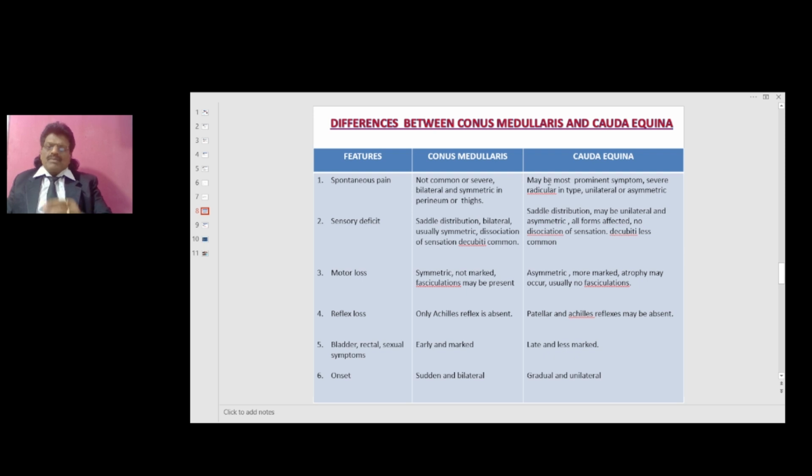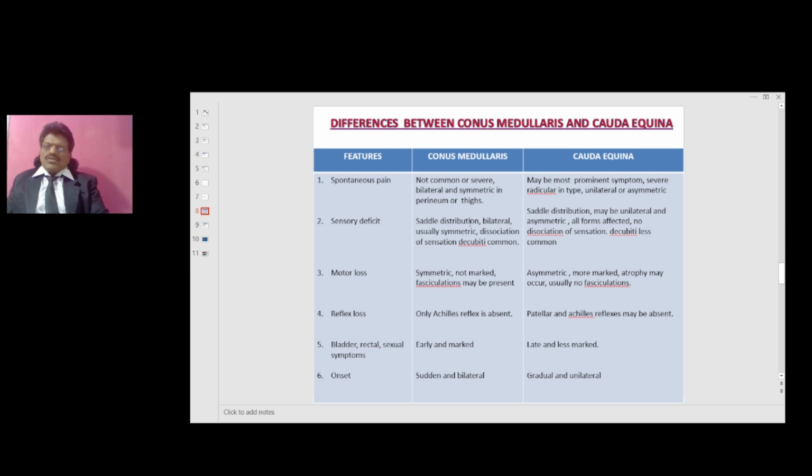Cauda equina is basically nerve roots, so the most prominent symptom is severe radicular pain, unilateral or asymmetric. Always remember lumbar disc prolapse when we talk of cauda equina, because it is one of the common causes of cauda equina.